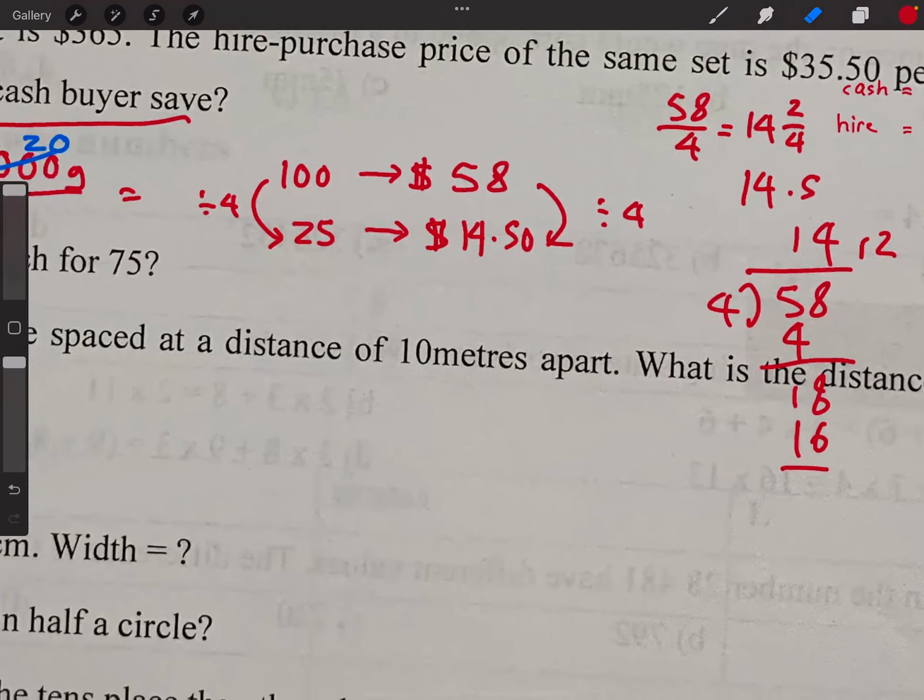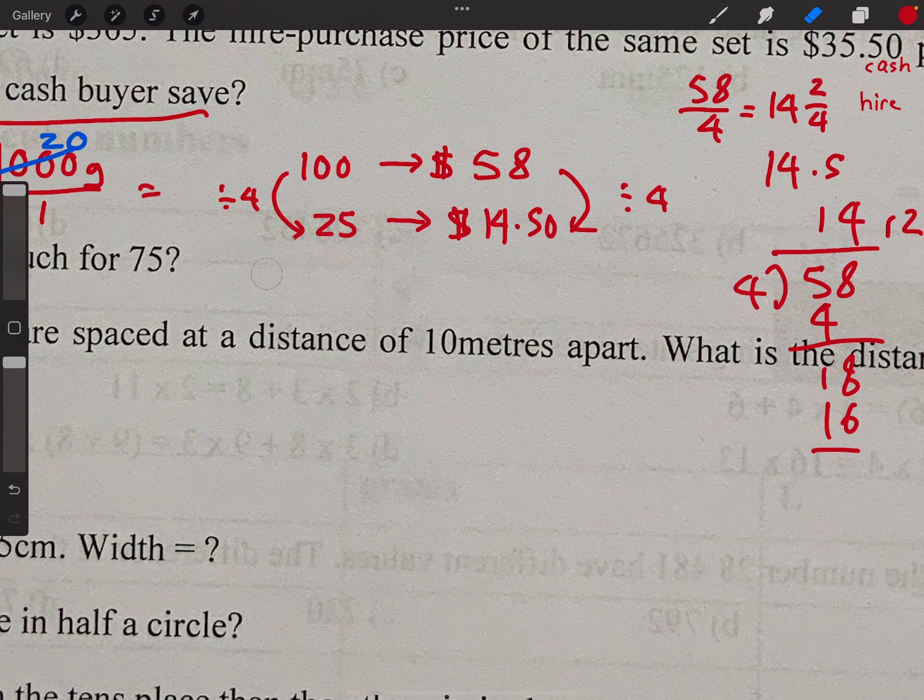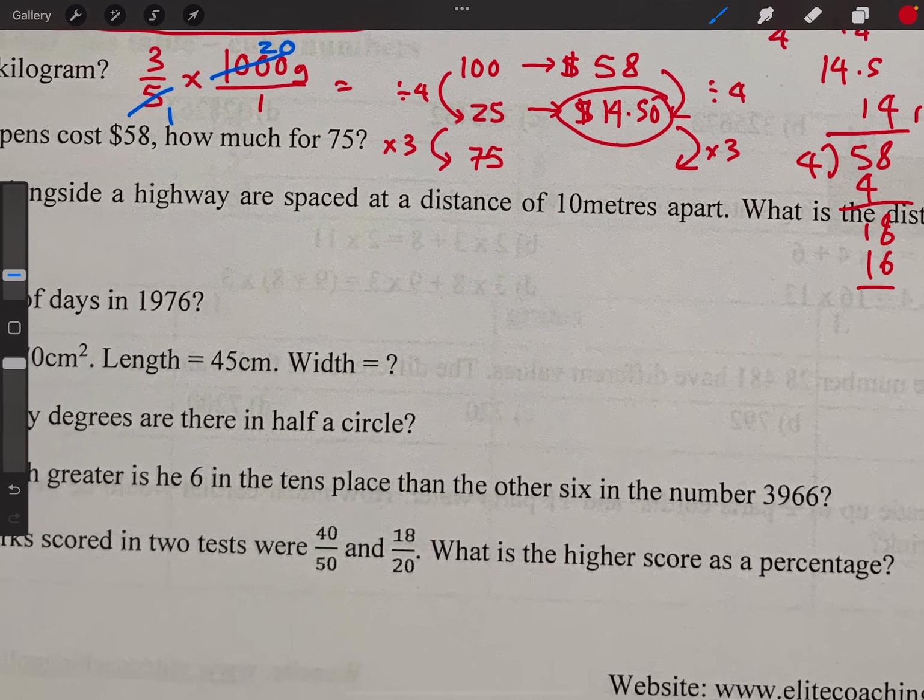Now you want to get from 25 to 75, because we want 75 pens, not 25 pens. That means you multiply this by 3 and you multiply this by 3. If you multiply this by 3, you get the answer. I'll leave that up to you.